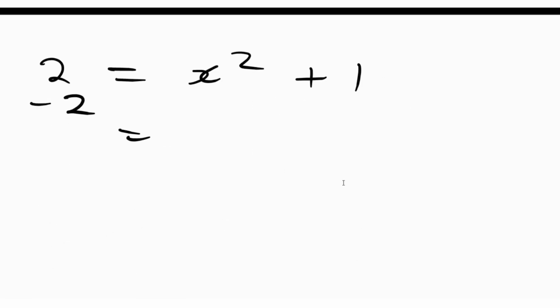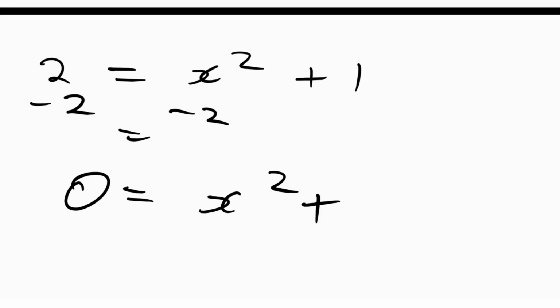So now we subtract 2 this side, we subtract 2 this side, then we'll have 0 this side, we have x squared plus 1, and then sorry, no, it's not plus 1, it's minus 1 actually. It's 1 minus 2, which is minus 1.